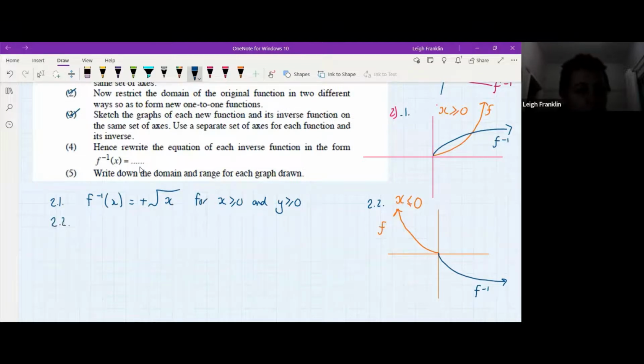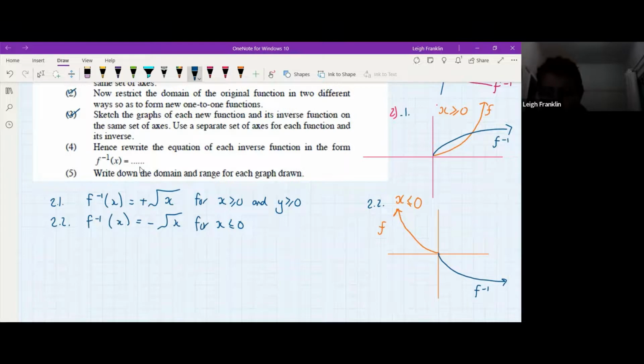For 2.2, we're going to end up with that, for x is smaller than or equal to 0, and in the situation y was greater than or equal to 0 as well, if I'm correct. No, we don't have to worry about that. It's just where x was positive. Okay, that's fine. There we go.